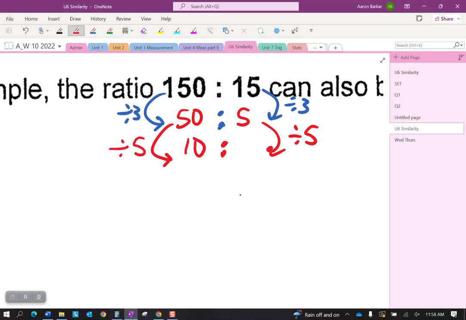Okay, 10 to 1. Okay, so you can treat these just like fractions, reducing the left side, reducing the right side by dividing by the same number. Questions, comments, or concerns? Okay, so that's working with the ratio.